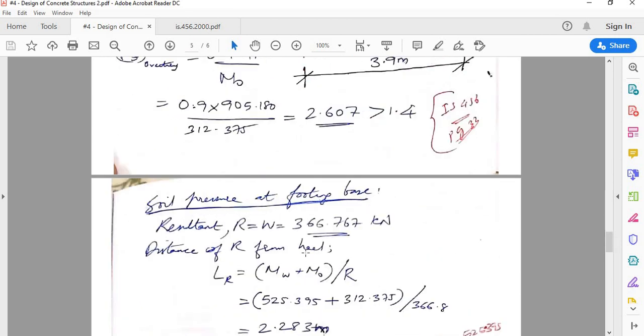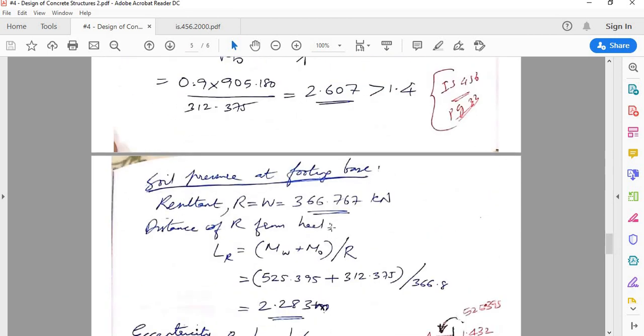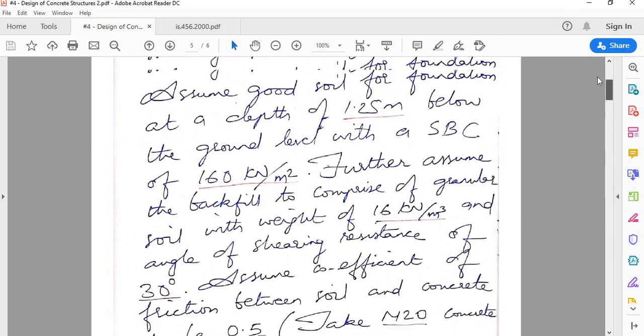Now let us next check the soil pressure. We are still to do the sliding check, which we will do last. Let me recap.